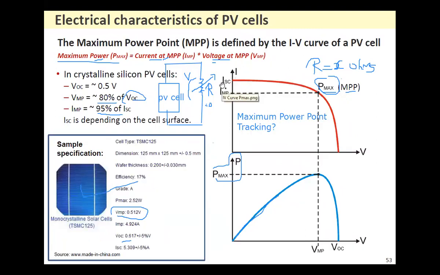This is the point of ISC and this is the point of the VOC. Now what I did, I placed this variable resistor starting from 0 ohms, where we get the maximum current, and then we started to increase the value of this resistance until there comes a point that the product of I and V is maximum, and that is known as the maximum power point. And then as you further increase the value of the resistance, the product of I and V is less.